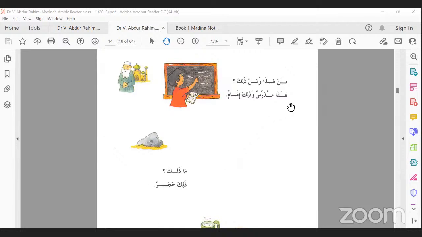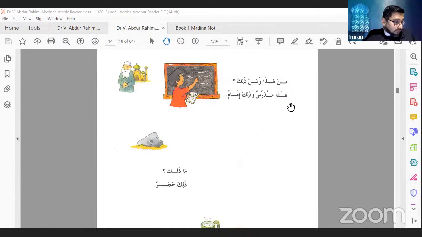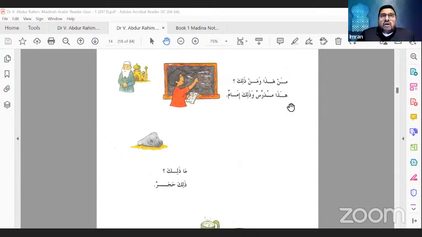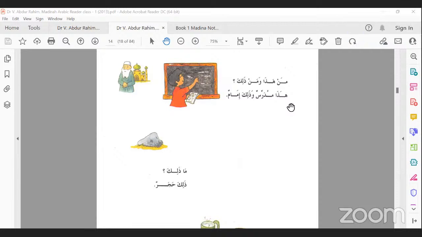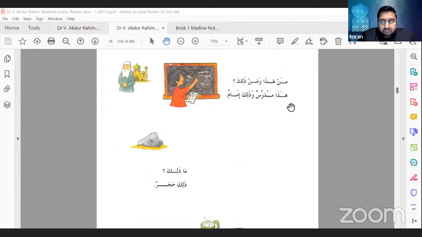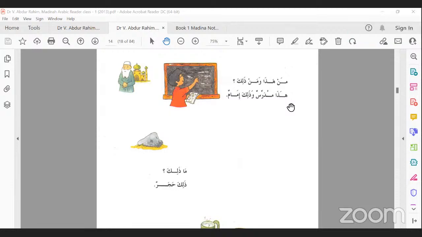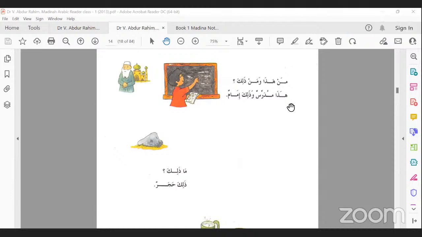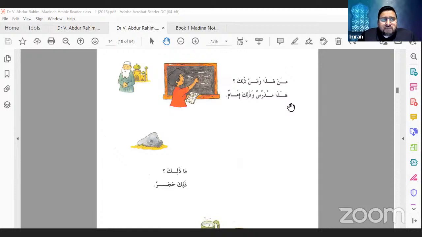Would you be able to do the verb, the possessive pronouns like we did? Inshallah, I'll try. Okay, how would you say this is your teacher, for a boy? Haza mudarrisuka. Correct.